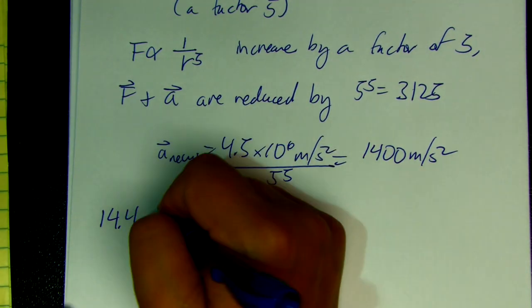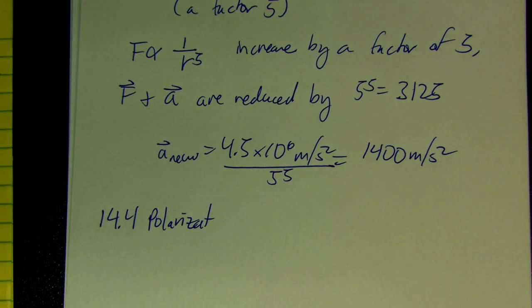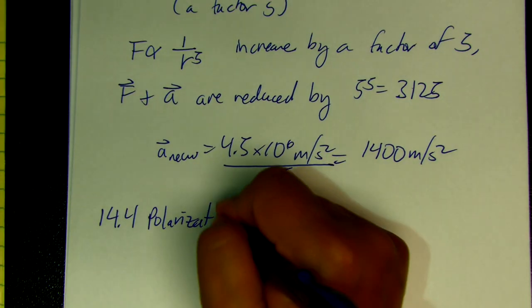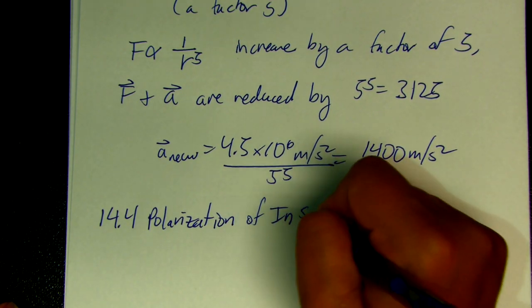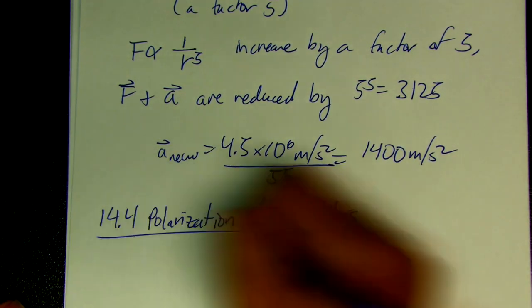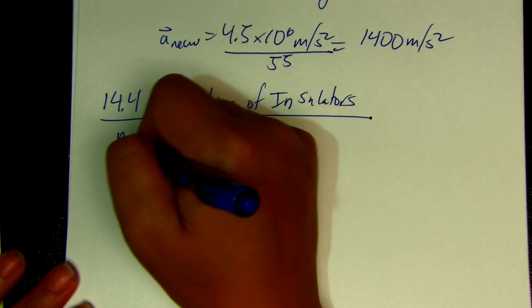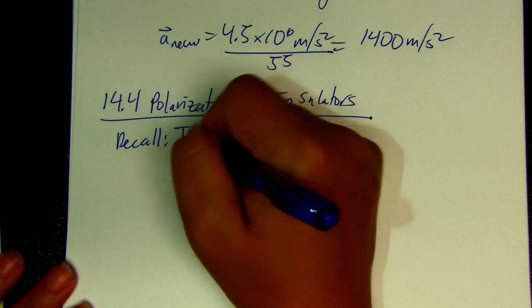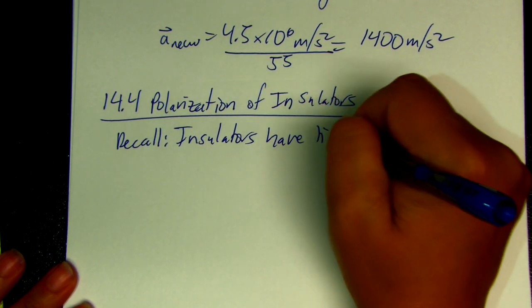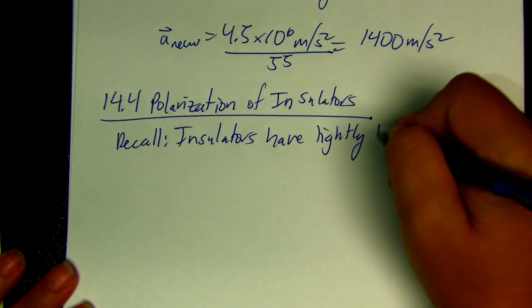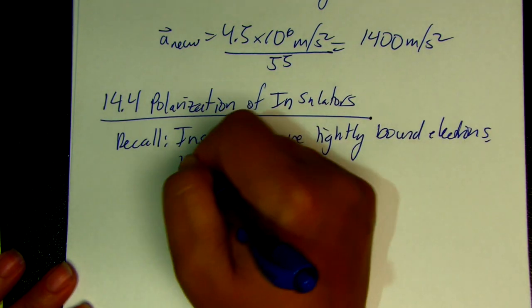All right, so now that we know the basics of how polarization works, let's look at how it differs between insulators and conductors, starting with insulators. Insulators are materials with tightly bound electrons. So charges don't like to move.